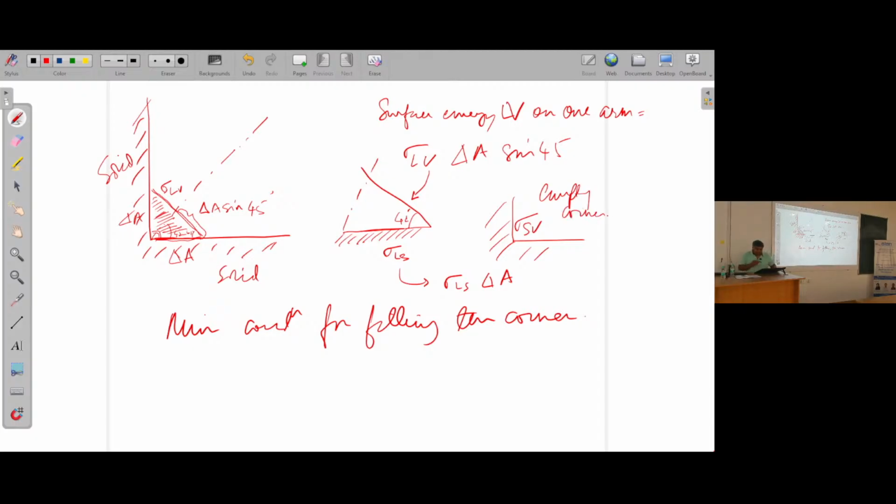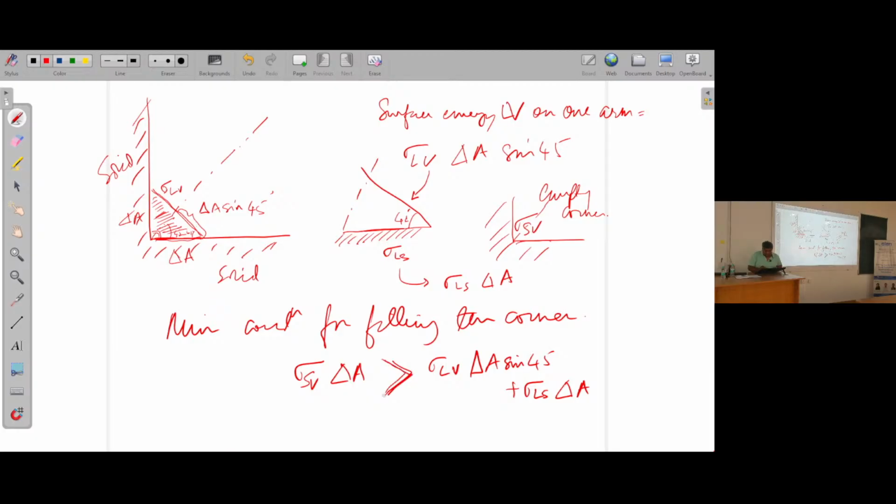So the minimum condition for filling this corner, say half a corner, I'm just looking at the half aspect, would be basically sigma SV times delta A must be greater than sigma LV delta A sine 45 plus sigma LS delta A. So if you want to fill the corner, the net energy driven by the liquid phase, liquid vapor or liquid solid, should be smaller than this solid vapor energy. Okay, so this is the minimum condition.